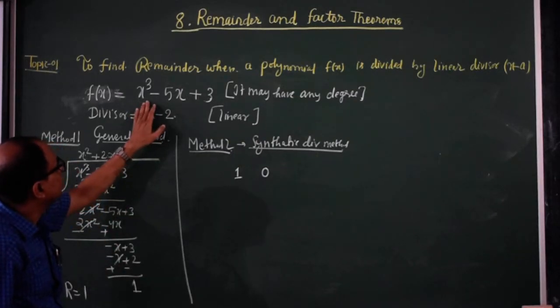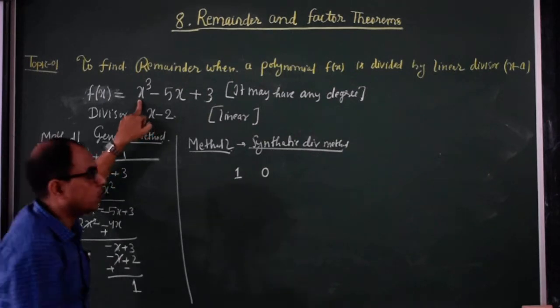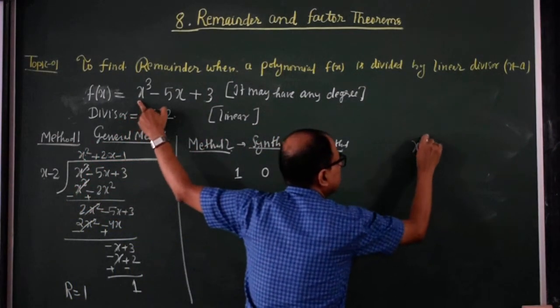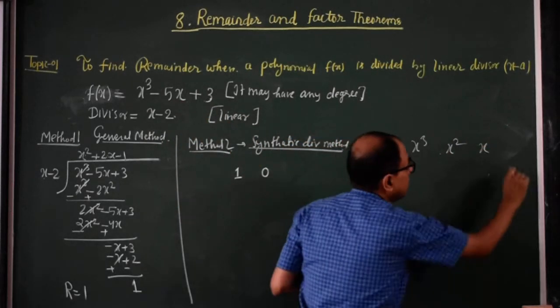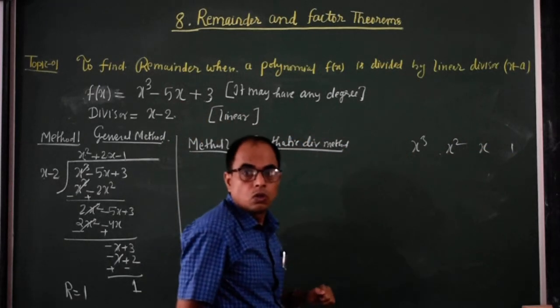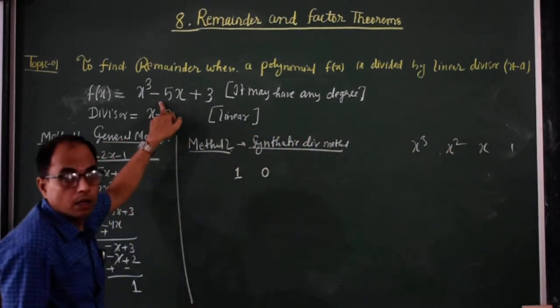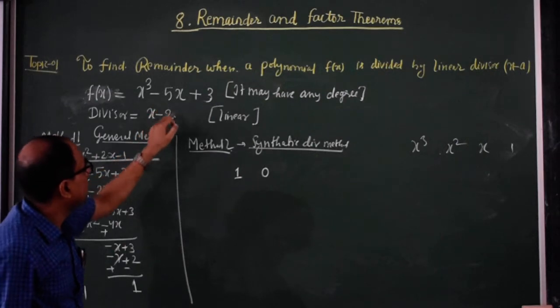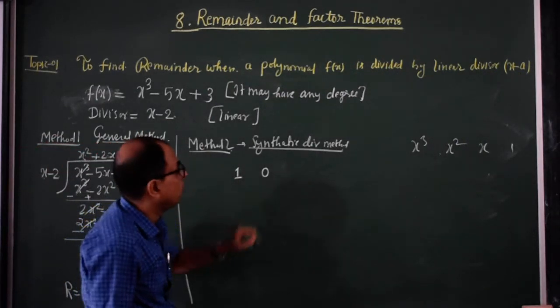After x cube there must be a term of x square, a term of x and then the constant term. So here this term is missing, so in place of the missing term, write the coefficient 0.